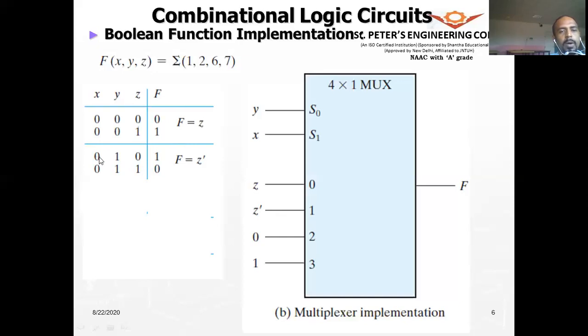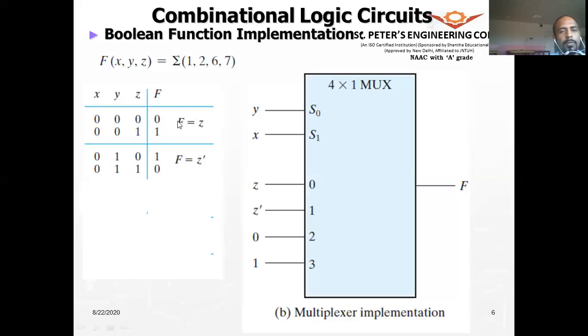So x complement y z complement is nothing but the m2 minterm. For the m2 minterm the output is 1, and for the m3 minterm the output is 0.